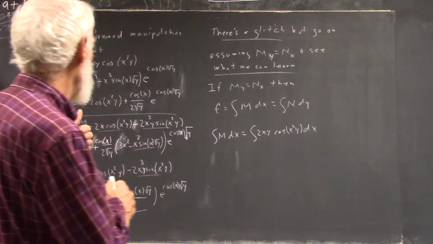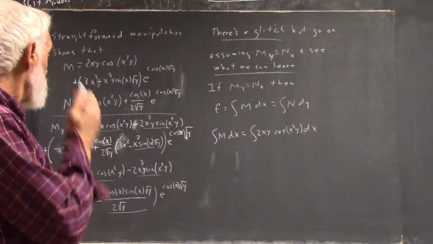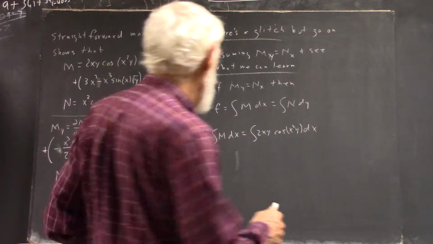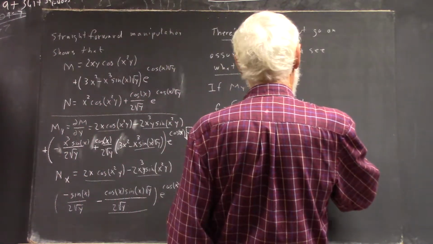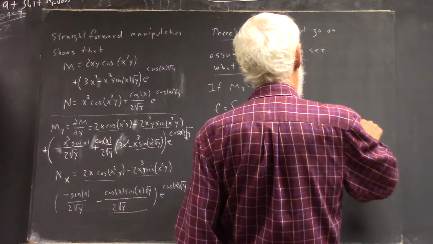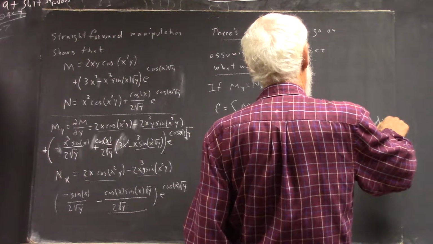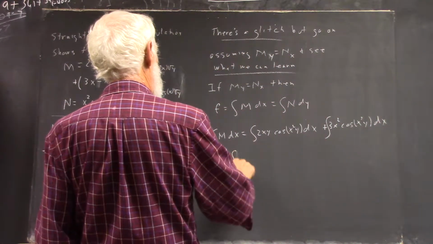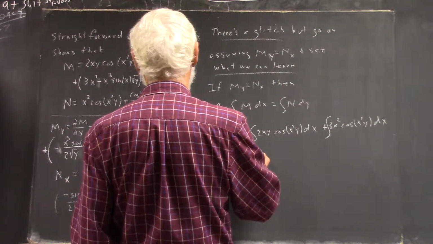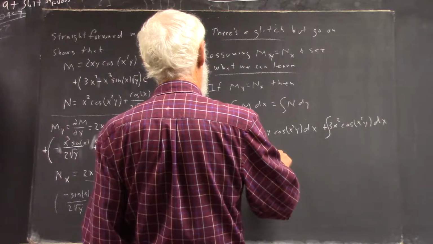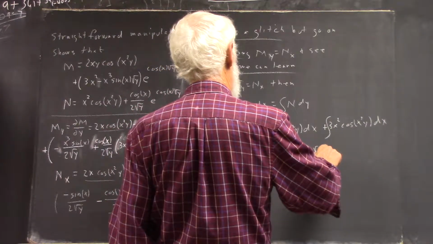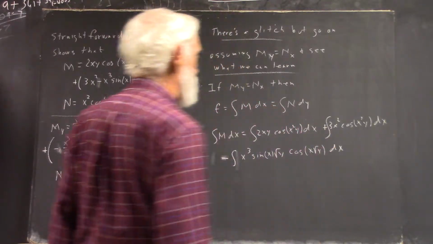Being a little stupid here. Hang on a minute. Now I want to do that in two integrals. Okay, so it's plus the integral of 3x squared cosine of x squared y dx plus the integral of, minus the integral of x cubed sine of x square root of y cosine of x square root of y dx.